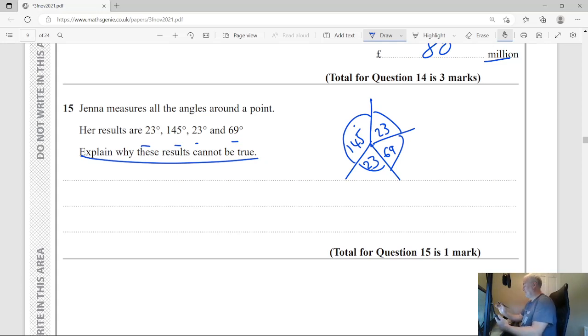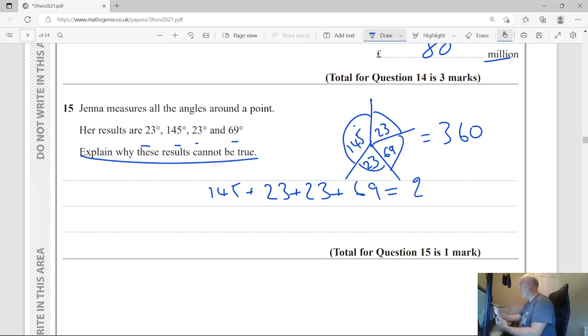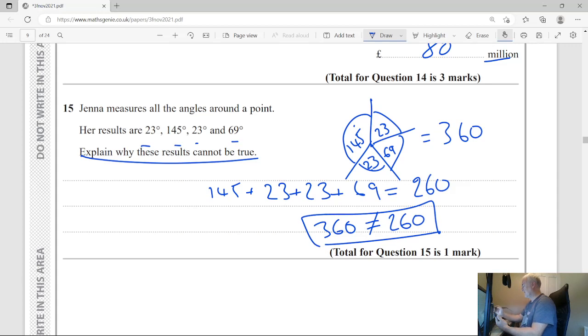So if we're just going to add them up, that should sum to 360. So I'm going to do 145 plus 23 plus 23 plus 69 equals 260. Well, it cannot be true because 360 does not equal 260.